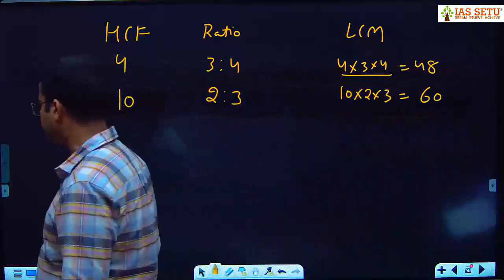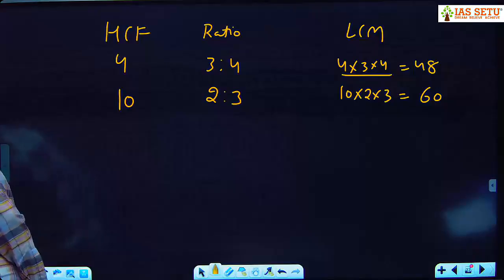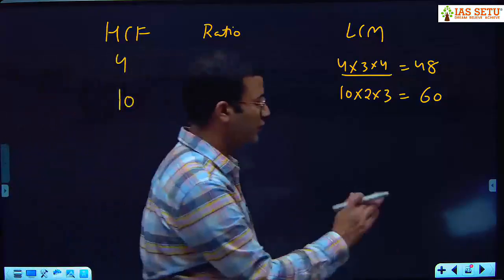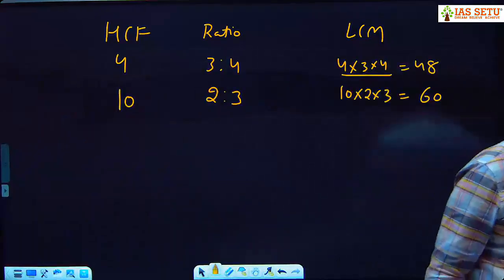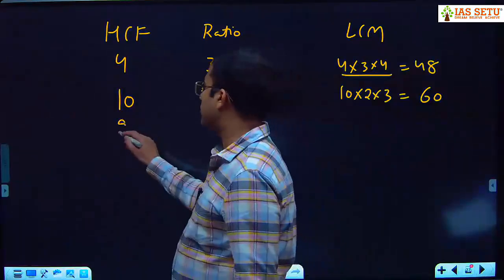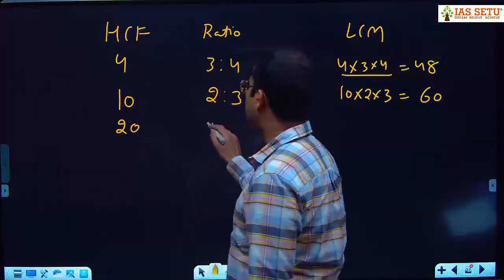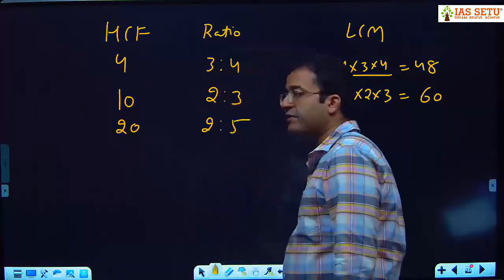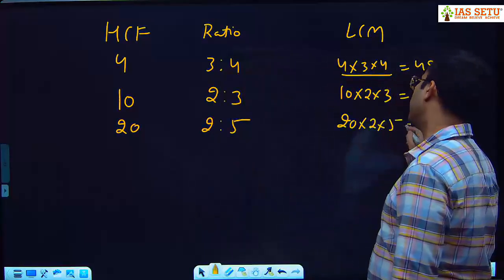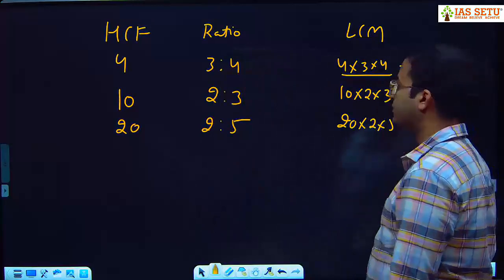If HCF is given and the ratio is given, you multiply. Now next, HCF is 20. For example, ratio is given 2:5. So you can say 20 into 2 into 5, 200. LCM here is 200.